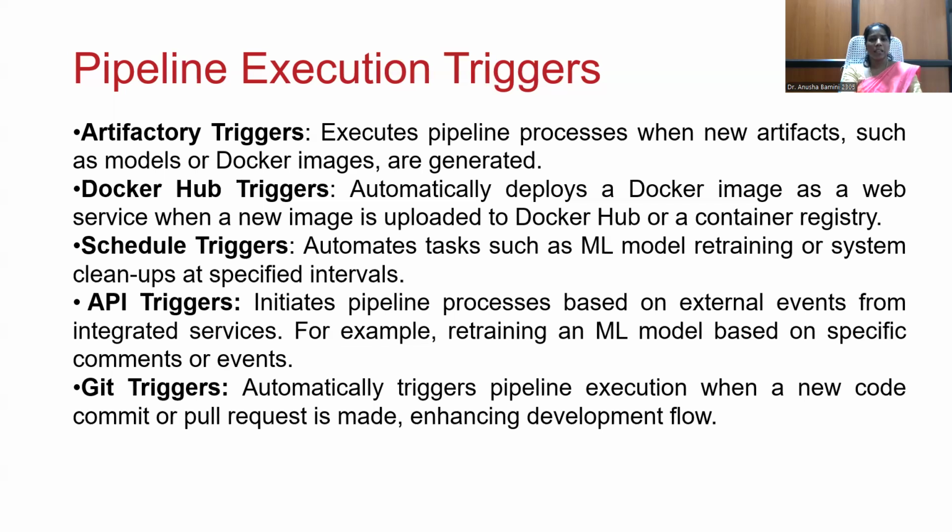Then Git triggers automatically trigger pipeline execution when a new code commit or pull request is made, enhancing the development flow. Git triggers are used in GitHub when we push a new request or commit new changes. This trigger gets executed, and the CI/CD pipeline will be executed or changed based on this new Git trigger.